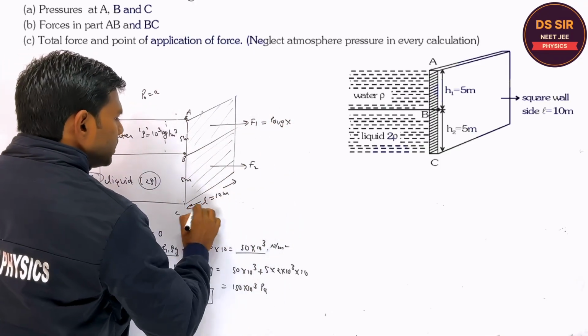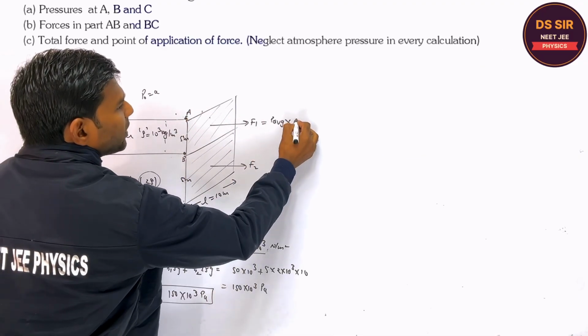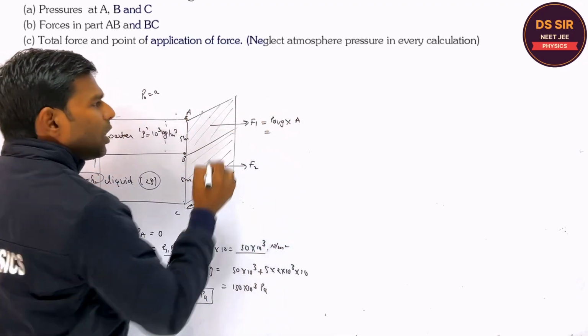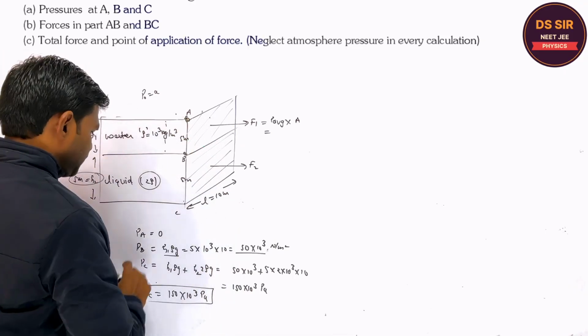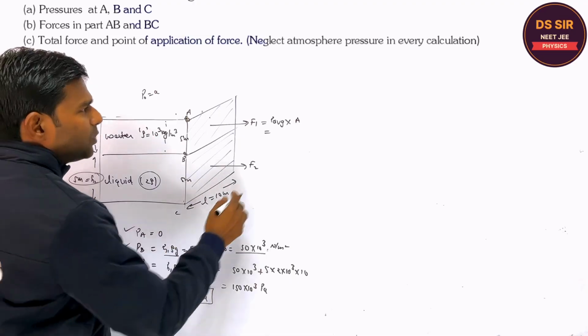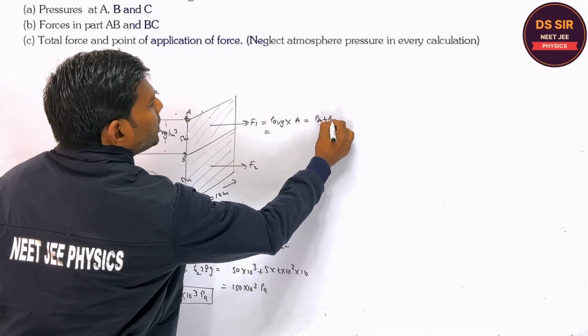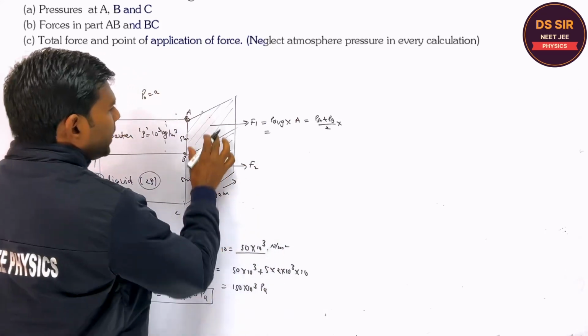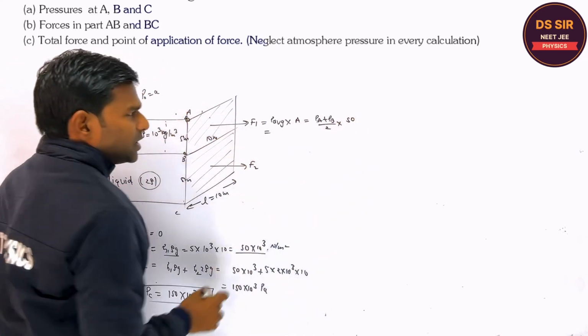This length is 10 and this is 5. So what is the area? 10 into 5. And how to find the average pressure? PA plus PB by 2. The average pressure is PA plus PB by 2, and the area is 5 into 10 meter, this is 50. Is it clear or not?